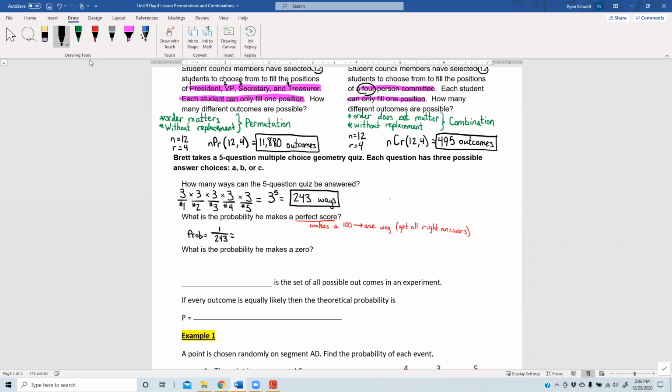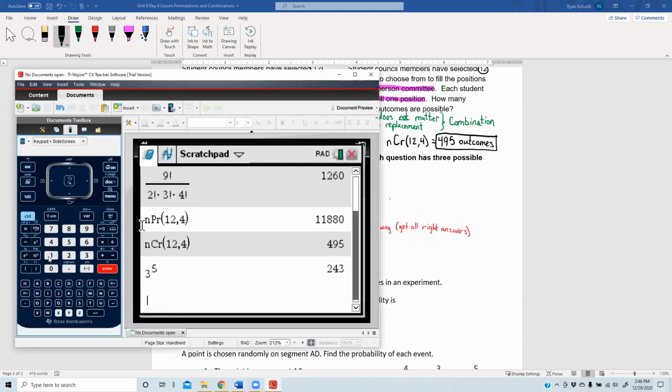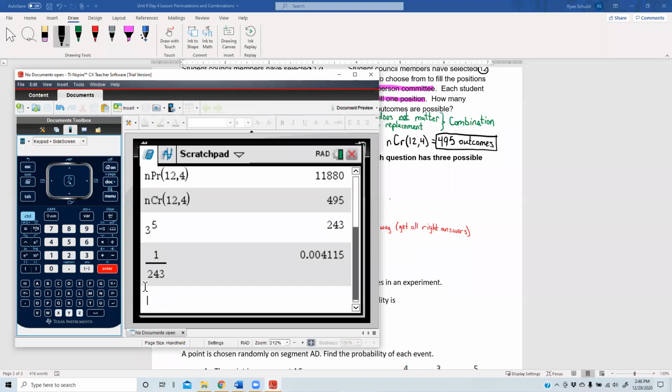which as a decimal, 1 divided by 243, that's 0.004115.